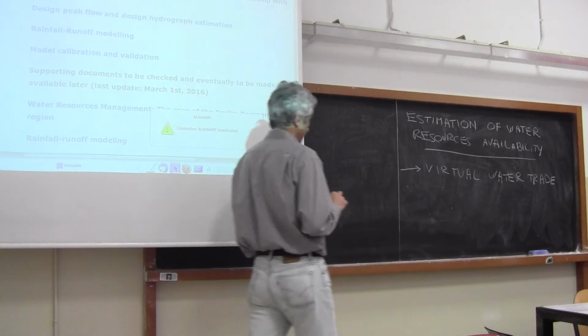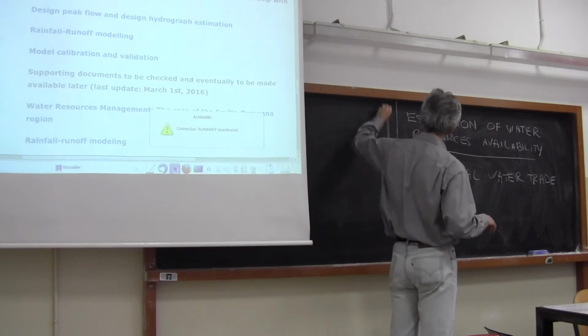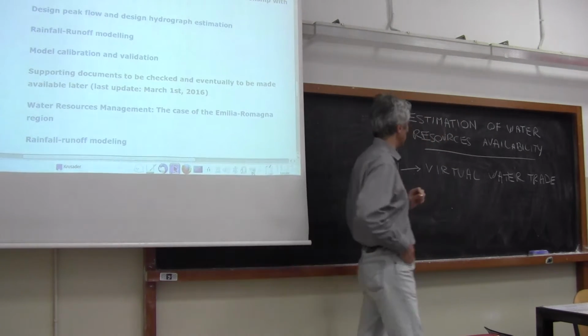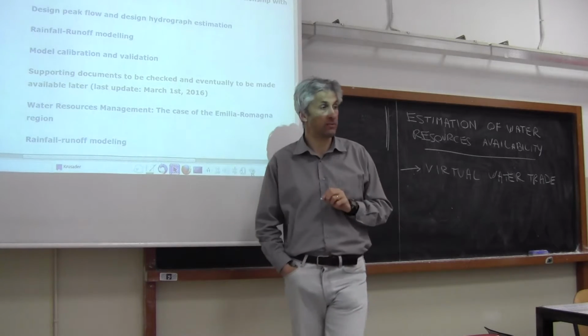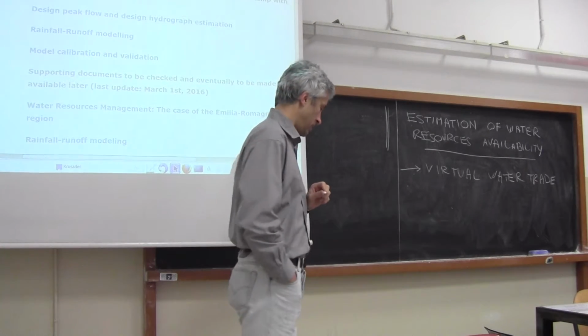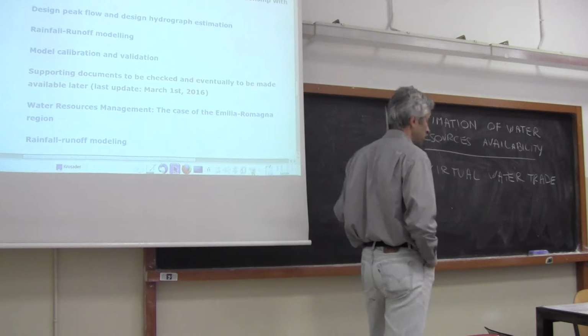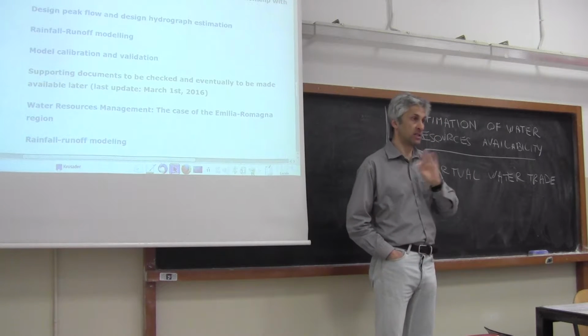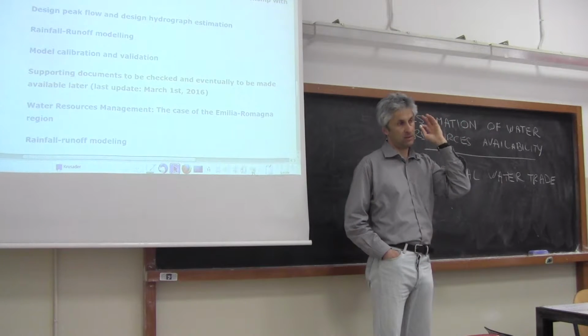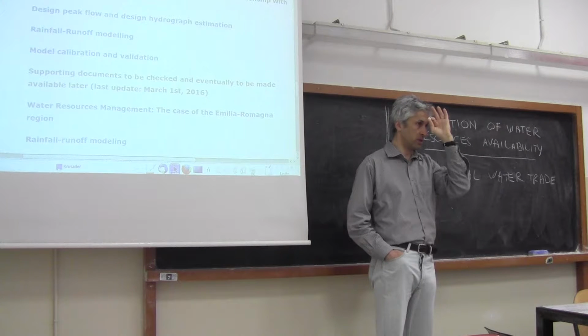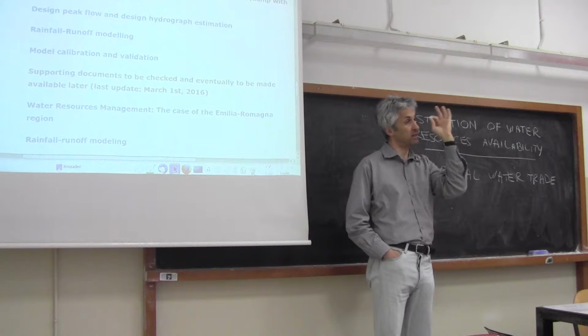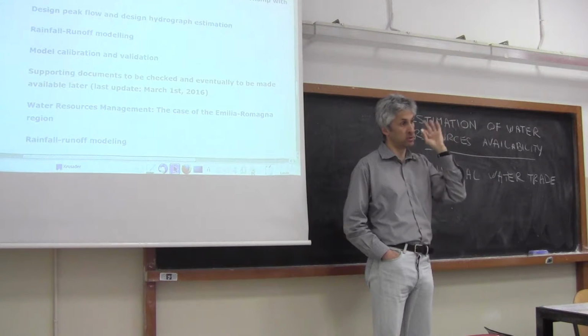So, how can the problem be solved? Estimation of water resources availability. We need observations. This is something that we have to have in mind and to make clear. We absolutely need observations.